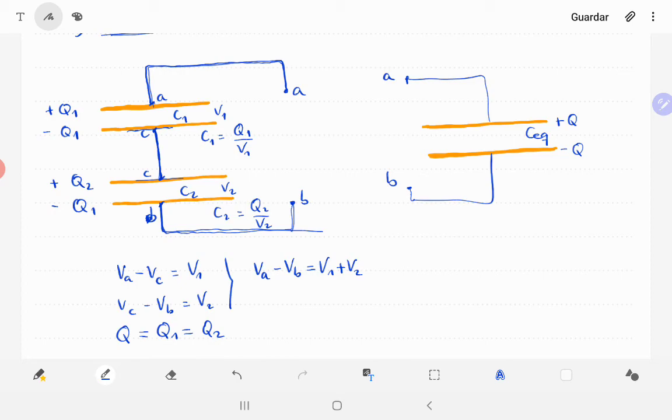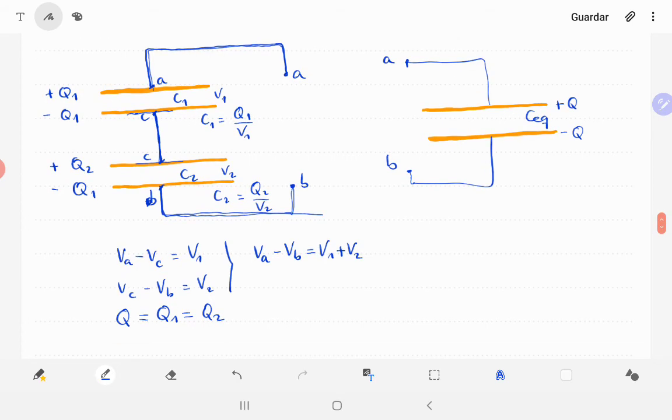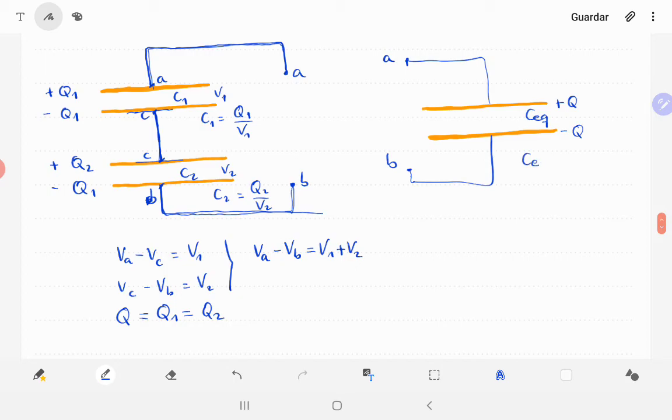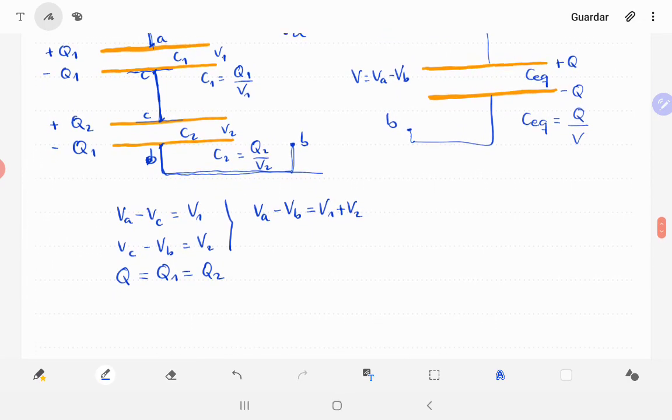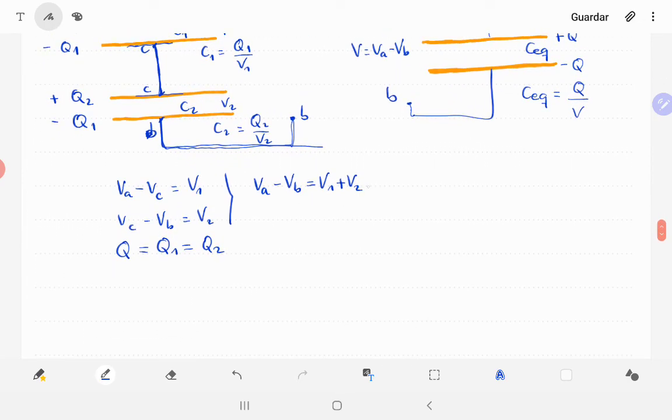The equivalent capacitance has to be equal to Q divided by V, where V is VA minus VB. So to derive the equivalent capacity, we begin by seeing that V is equal to V1 plus V2. Here V is equal to Q divided by C equivalent.